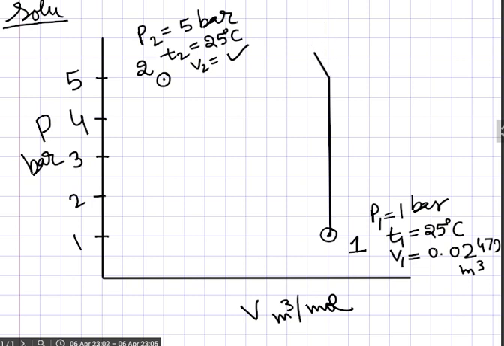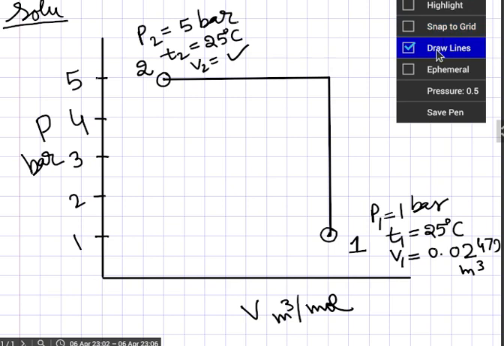Instead, after coming to pressure 5, you cool the gas, because you have increased the pressure. Now you cool the gas. You don't need to reduce the pressure now. The weight on the piston will remain the same, and you cool the gas until the temperature reaches 25 degrees centigrade, because here the temperature will be much higher.